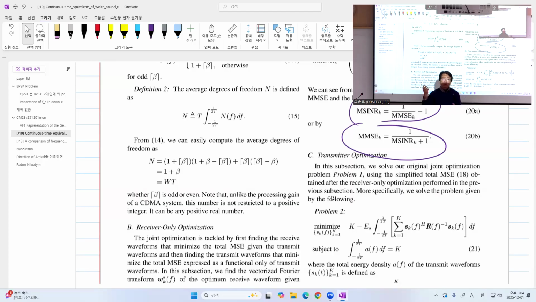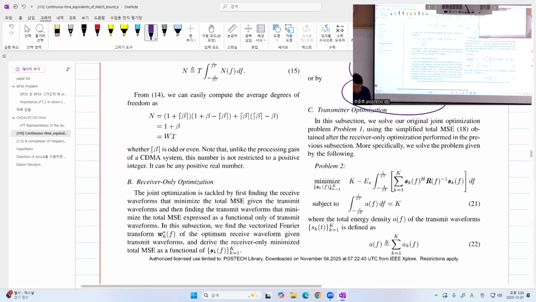So we have to introduce A_k(f). Here, A_k is probably the total energy. So as you see, it's a summation of the total energy at frequency offset f, where f is defined inside the Nyquist zone. So we have not just a simple optimization that can be done using the result from the synchronous CDMA guys, but we also had to optimize A(f).